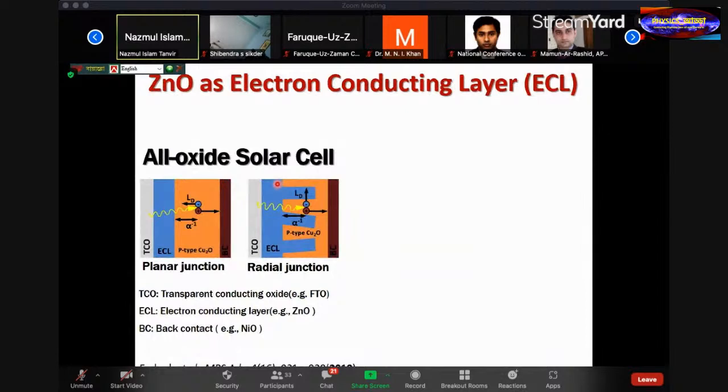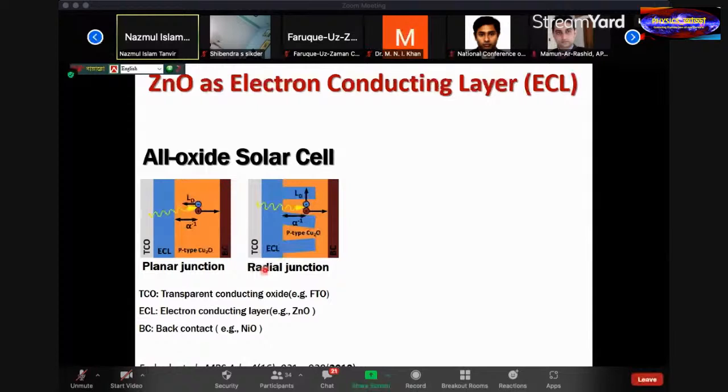Of all the various applications, we currently focus on the synthesis of nanostructured zinc oxide for all-oxide solar cells. This is called an all-oxide solar cell because all the layers of the cell are oxide based, and there are two types of cell.